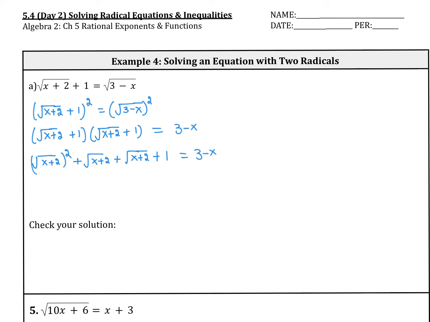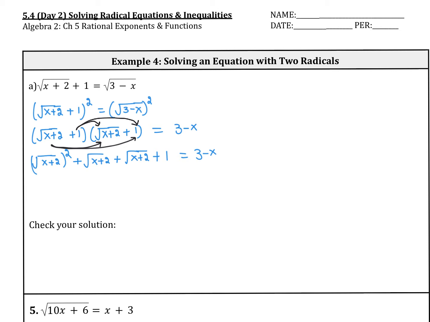See again how we did it. We multiply this times this, giving square root of x plus 2 squared, and we multiply this with 1, so 1 times square root of x plus 2 is square root of x plus 2. Now we multiply 1 times square root of x plus 2, and 1 times 1. So you got the next two terms.